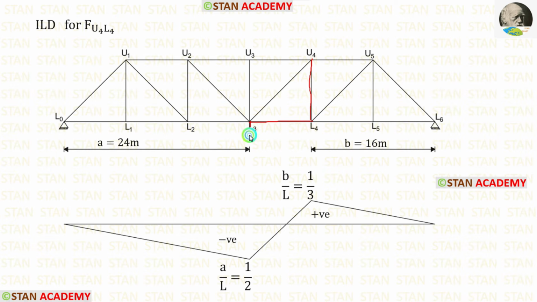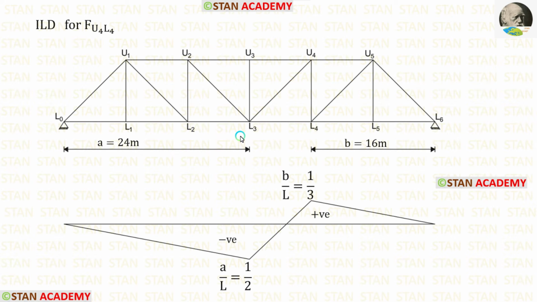From that, we have to make the projection, and then in the same direction of the diagonal L3U4, we have to make an inclined line. Then we have to connect the line with L0 and L6.